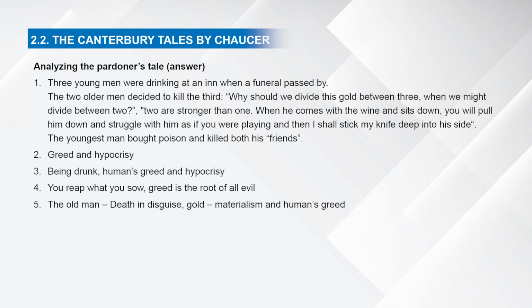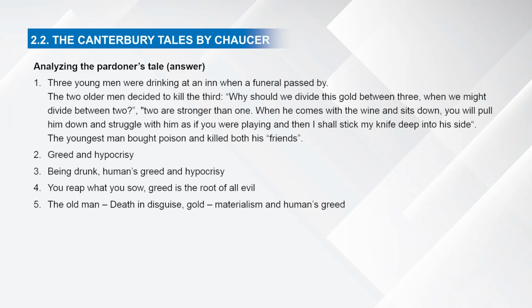There are some details to prove that they are not real friends. The first detail is that 3 young men were drinking at an inn when a funeral passed by. The second detail, the 2 older men decided to kill the third. And they say, "Why should we divide this gold between 3 when we might divide between 2? 2 are stronger than 1.